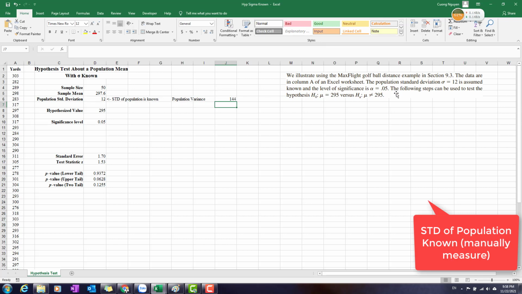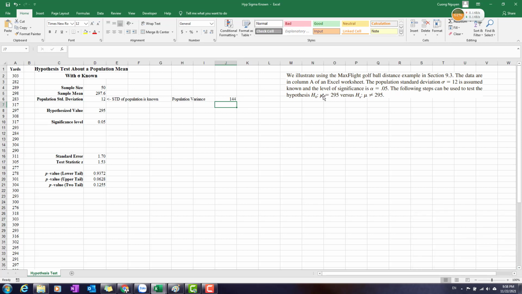Now let's test the null hypothesis H0, that the mean of the population is equal to 295. In the alternative hypothesis, the mean of the population is different from 295.